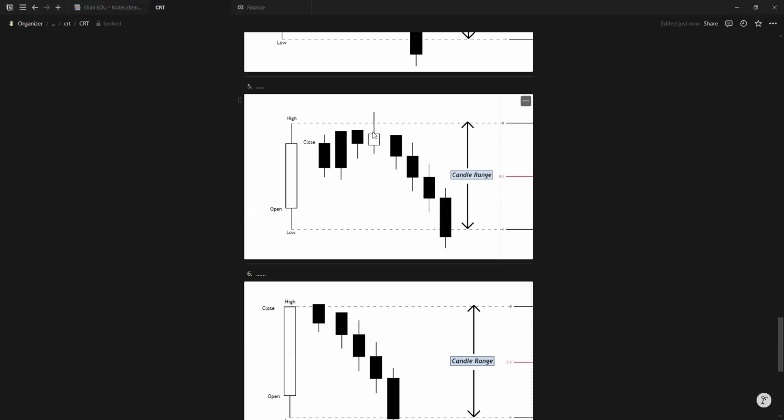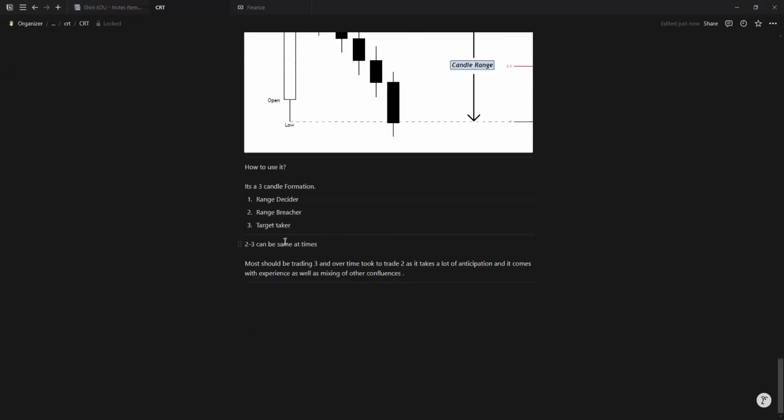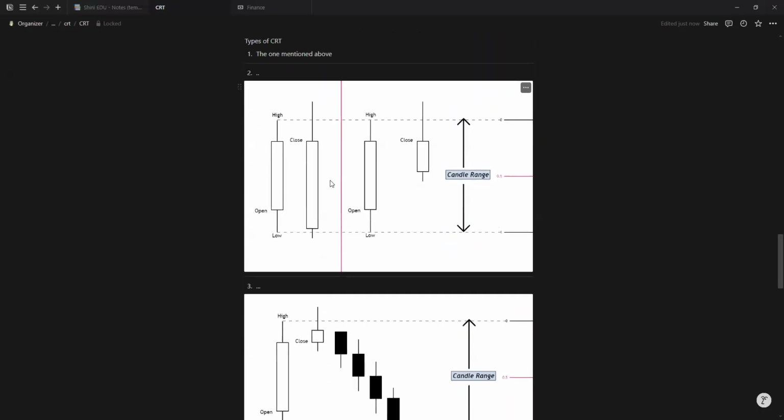A beginner trying to trade CRT for the first time should be looking at the third candle, not at the second one, not at the first one, as everything is confirmed and the CRT is confirmed to exist. And one thing is that the 2 and 3 can be the same. The range breacher and the target taker can be the same, as I explained in this scenario.